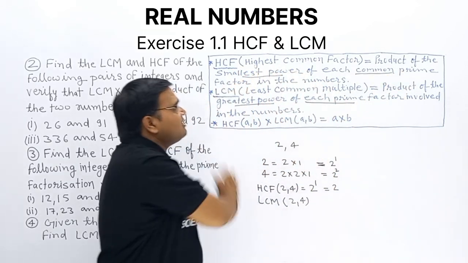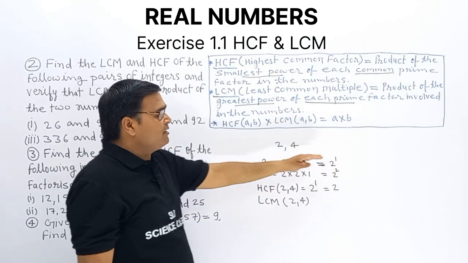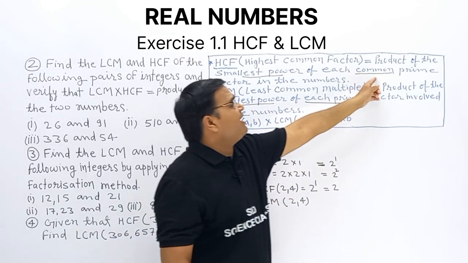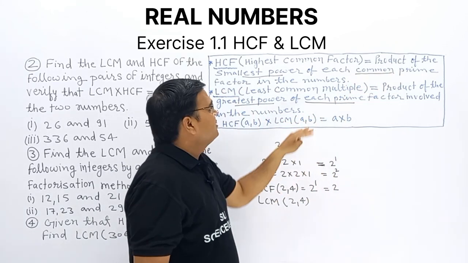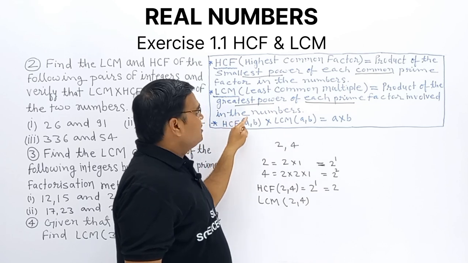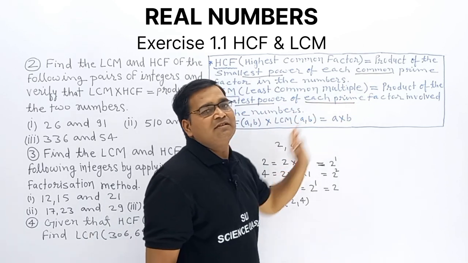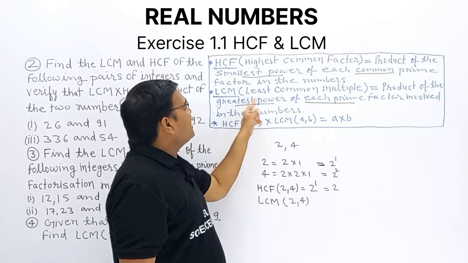In the HCF we use the smallest power of the common prime factor, but for the LCM, whatever prime factors the numbers have, we use the greatest power.